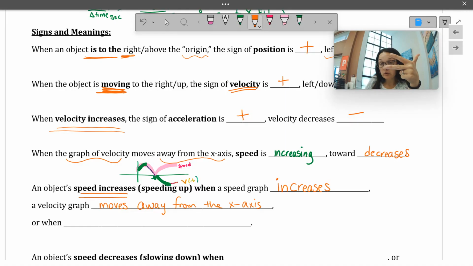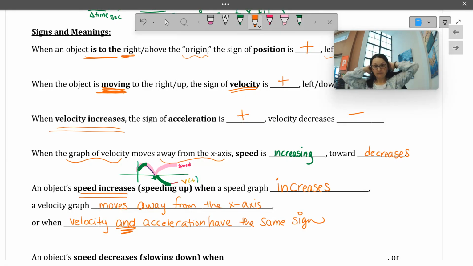Speed also increases if you know that velocity and acceleration have the same sign. Okay, so let's think that one through. If velocity and acceleration have the same sign, that means velocity is positive and increasing, because if velocity is increasing, acceleration is positive.